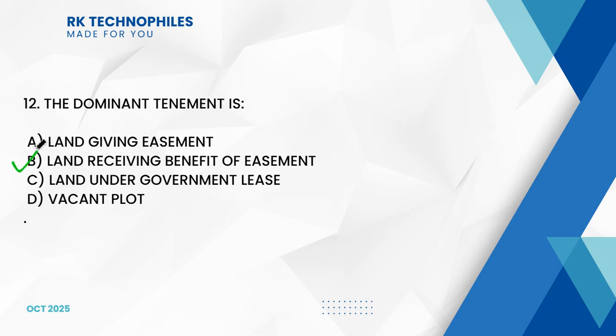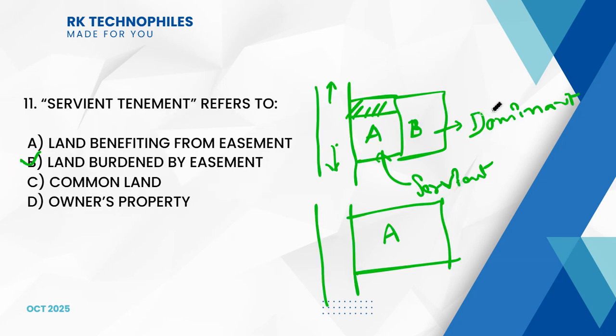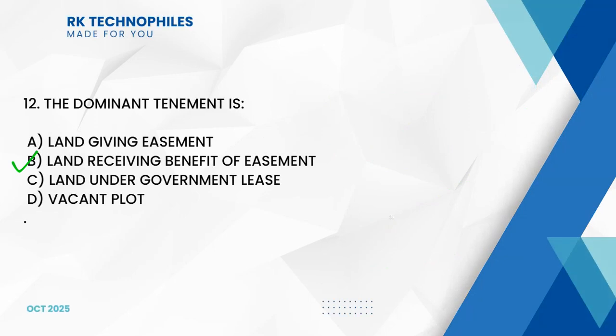The answer would be B again. So land receiving benefit of easement. Just now I told B is taking the benefit of easement and it is the dominant tenement. Land giving easement is servient, right? The C and D are wrong.